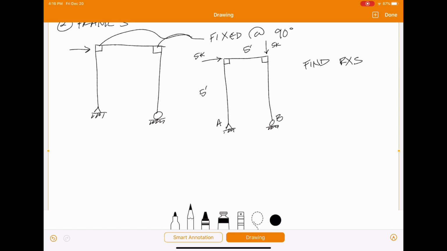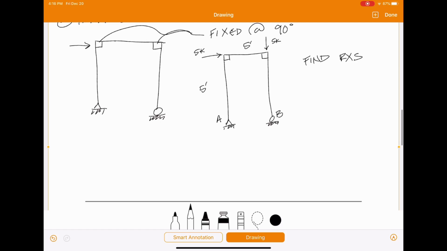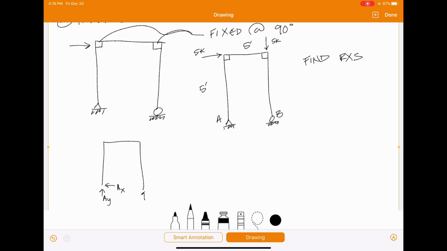All right, so first things first, let's just draw a simple free body diagram. We're going to have vertical and horizontal reaction at A, vertical reaction at B, and then our external applied forces.